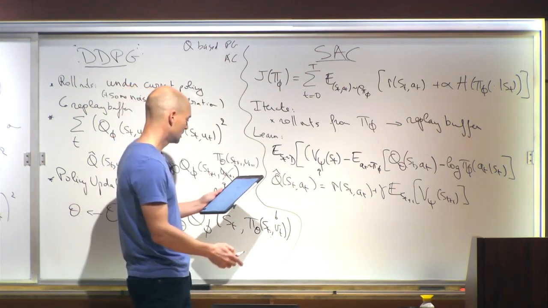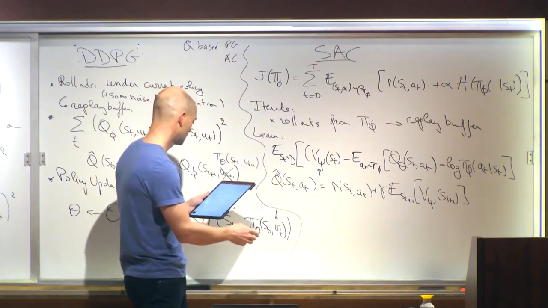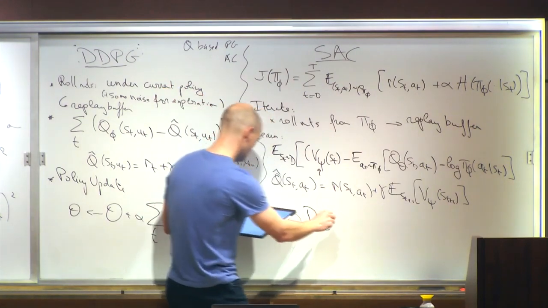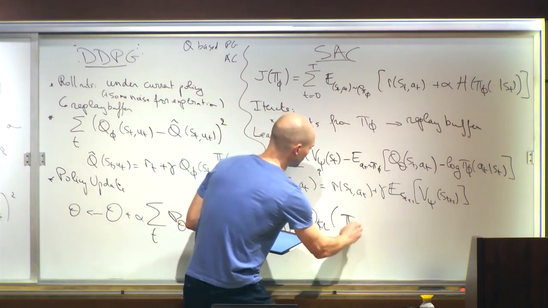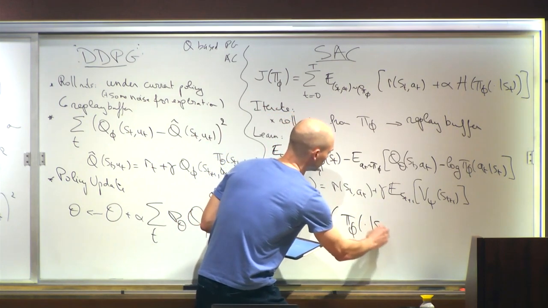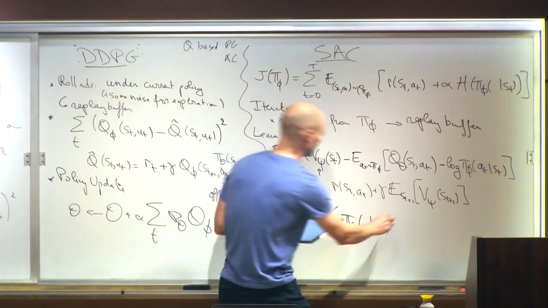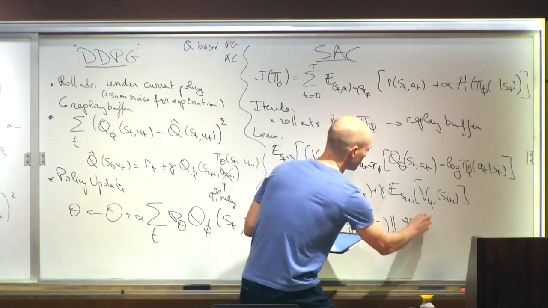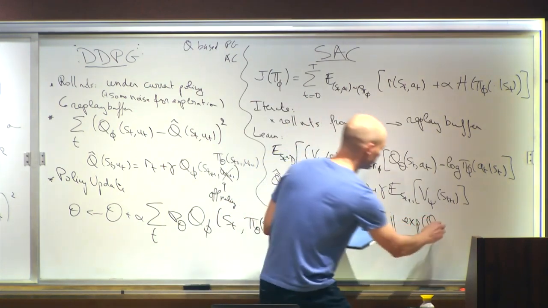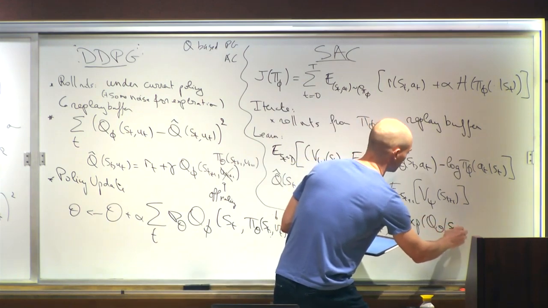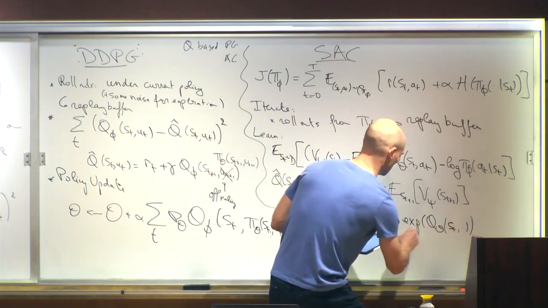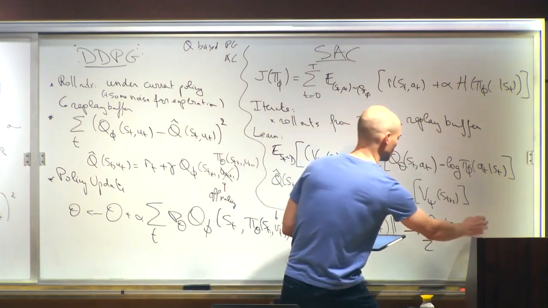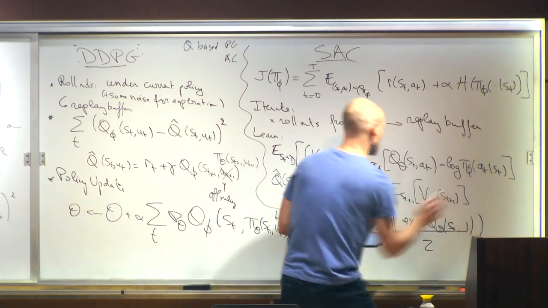And then the policy would be optimized by looking at the KL divergence between pi phi at ST, coming from the replay buffer, relative to the exponentiated Q values, Q theta ST, over some normalizing constant, but again, it's not going to matter as a constant.